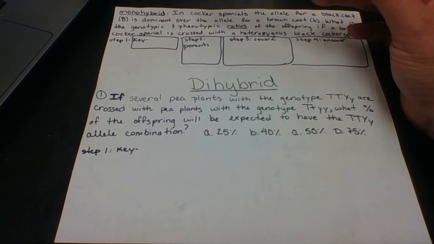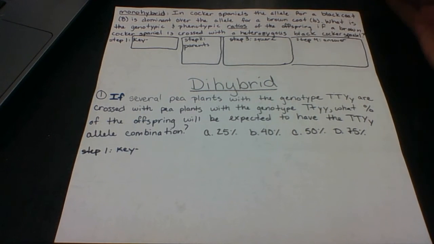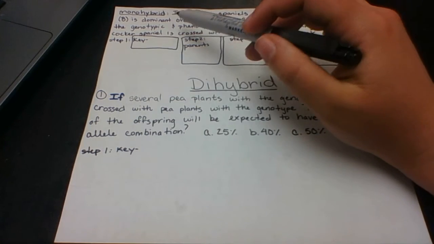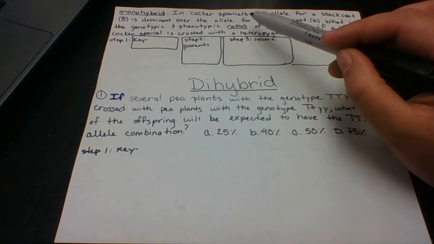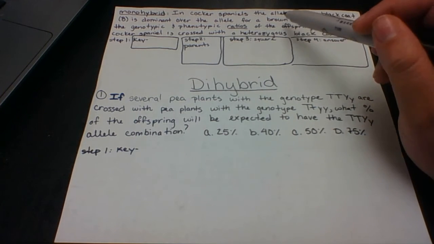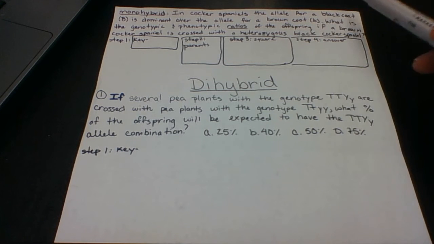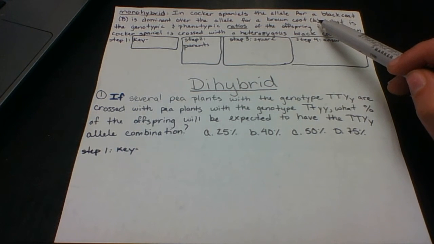So in this question it says, in Cocker Spaniels, the dog, the allele for a black coat, its hair, is dominant, so they represent that with a big B, over the allele for a brown coat, so brown coat is recessive, which they represent by little b.